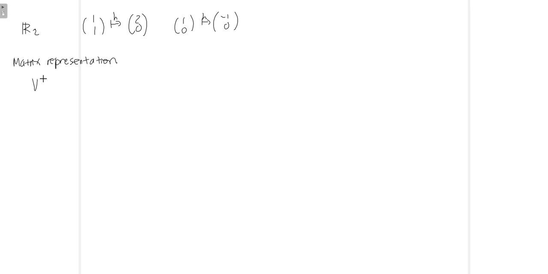So let's say we have a vector space V and a vector space W. Each one of these can have its own basis.